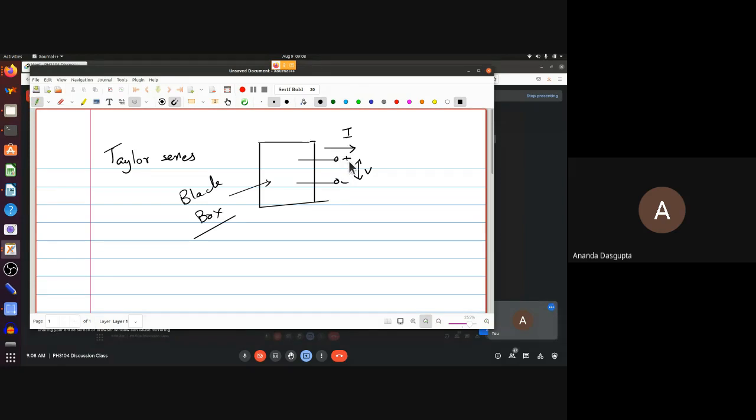Of course, when you mark this terminal plus, it does not mean that this voltage is necessarily higher than the other voltage. All it means is that if this voltage here is higher than the voltage here, the voltage V is going to be positive. If this voltage is lower than this voltage, which is possible, then V will turn out to be negative. So it's just a sign convention. Similarly, when you assume that the current is flowing this way, you are just establishing a positive direction for the current. If I works out to be positive, it's flowing that way. If I is negative, it is actually flowing the other way.